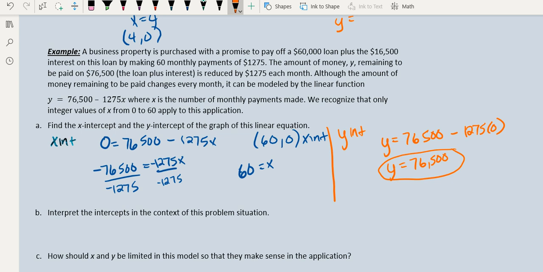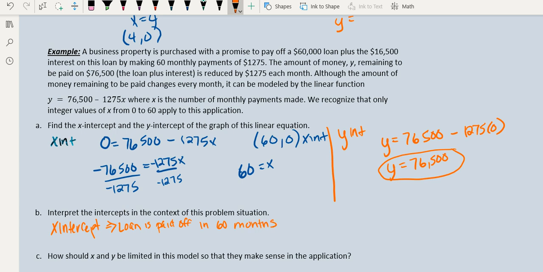So therefore, I can interpret that the loan is paid off in 60 months, right? So the x-intercept is interpreting that the loan is paid off in 60 months. Okay.